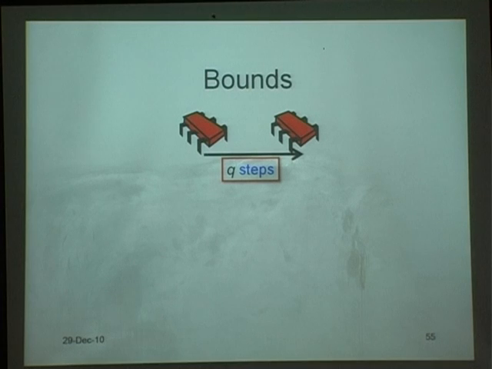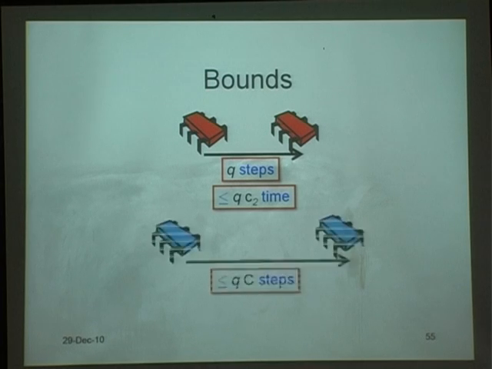Imagine that one process takes q steps. How do I know that another process has taken q steps? In real time, it has to take less than q times c2, because c2 is the slowest it can move. Since I don't actually have a clock, the only thing I can count is my own steps.